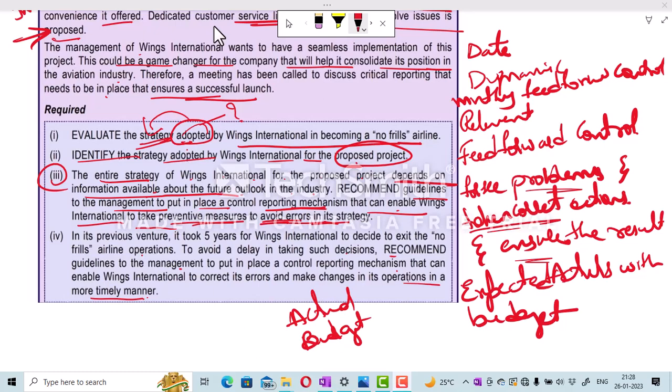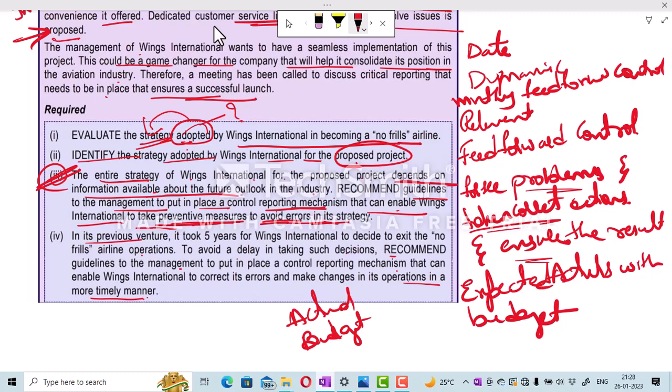In this way, we can adopt feed forward controls prior to any proposed project before implementation, and take preventive actions to avoid any mistakes in the strategy. Okay, for the proposed strategy, here in the third one, we can adopt the feed forward controls, and we can prevent any errors that may occur in future.